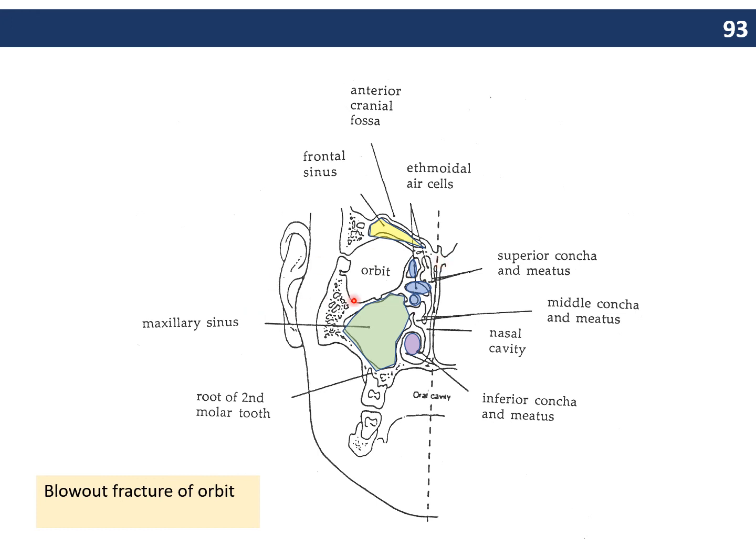The orbit is surrounded by these mucosal-lined air-filled spaces. And notice the position of the orbit relative to the frontal sinus, the maxillary sinus, and ethmoid sinuses.